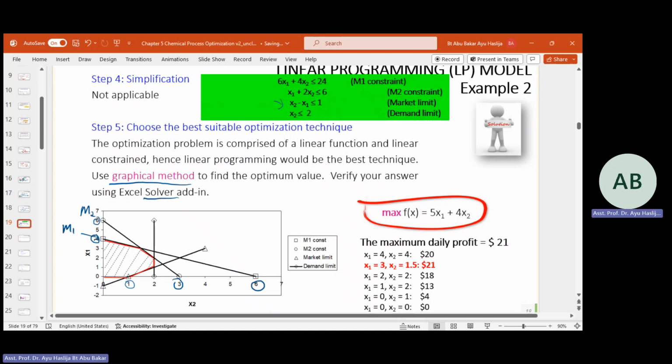Okay, the last constraint would be the demand limit. x2 must be lower than 2. 2 or lower, this one. Okay, meaning that your affected area is this part only.